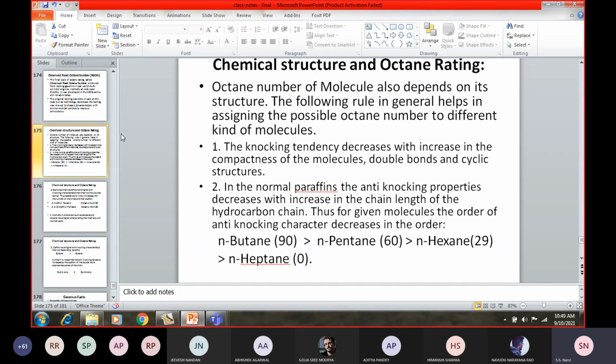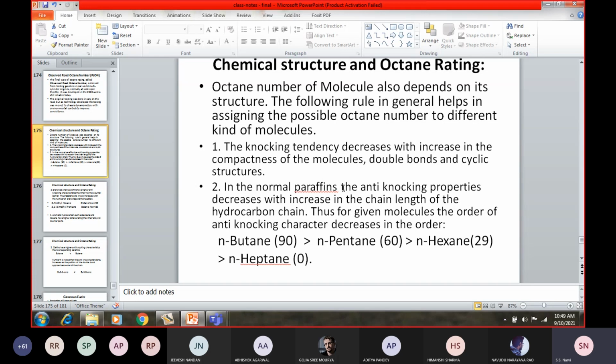The knocking tendency decreases with increase in the compactness of the molecule, double bonds and cyclic structure. That means anti-knocking tendency increases when the molecule is compact, has a double bond and has a cyclic structure, compared to a straight chain molecule.